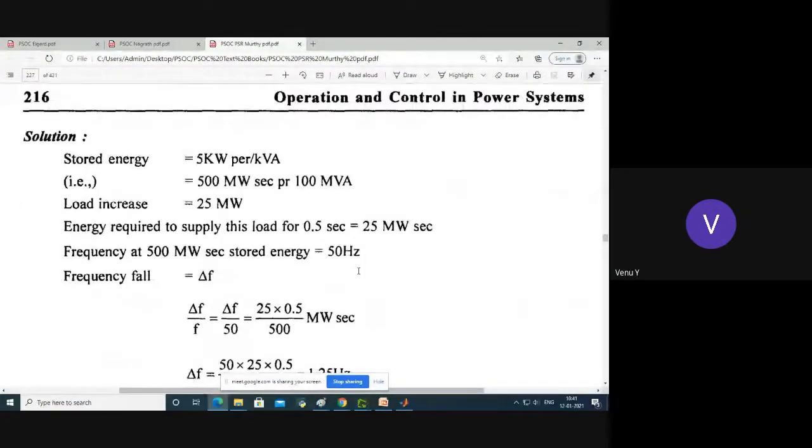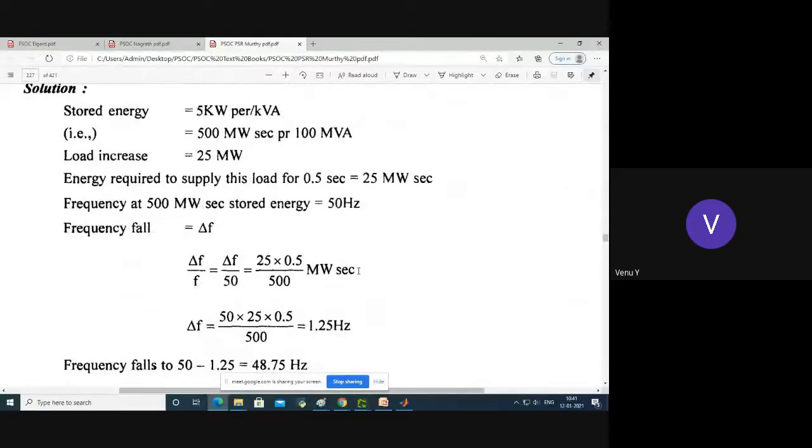Now let us solve the problem. Stored energy is 5 kilowatt second per kVA. For 100 MVA, it is 500. So change in load delta PD is 25 megawatts.